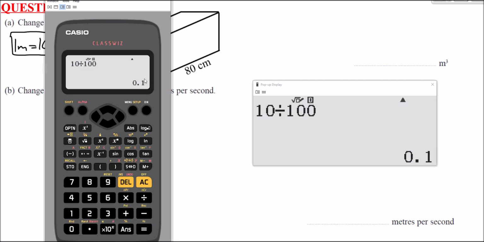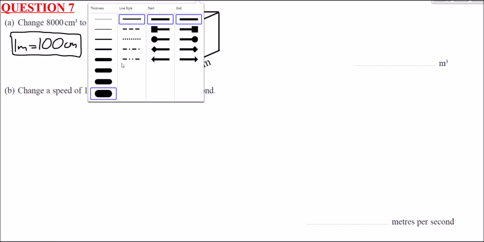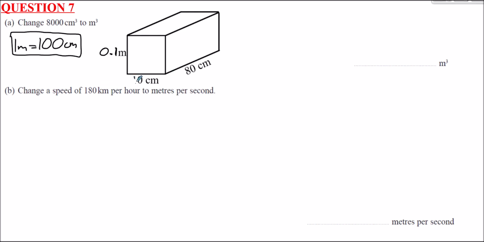So 10 centimeters I can write as 0.1 meters. In exactly the same way, the 10 centimeters at the bottom I can again change to 0.1 meters. And 80 centimeters, 80 divided by 100 would give me 0.8.